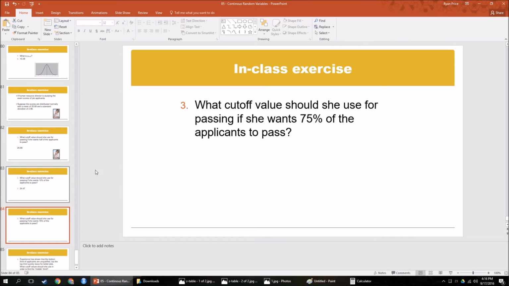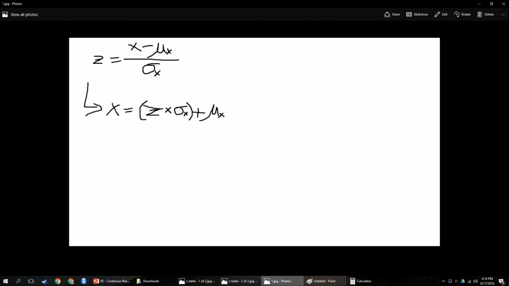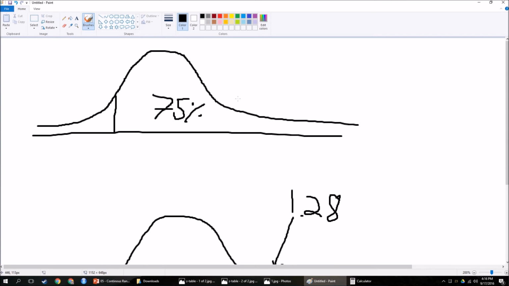So, knowing what we know then, what cutoff value should we use for passing if we want 75% of the applicants to pass? Okay? So by the same logic, we know that we want 75% of the applicants to score better than some test score. Okay? 75% will do better. If 75% pass, 25% don't.